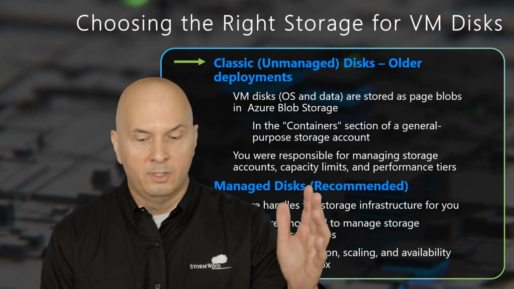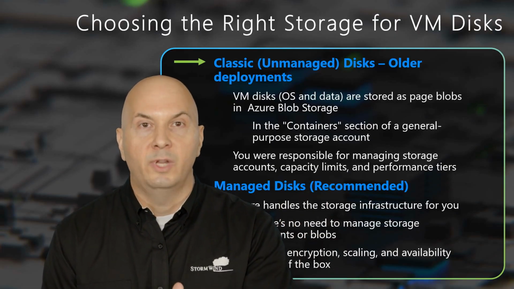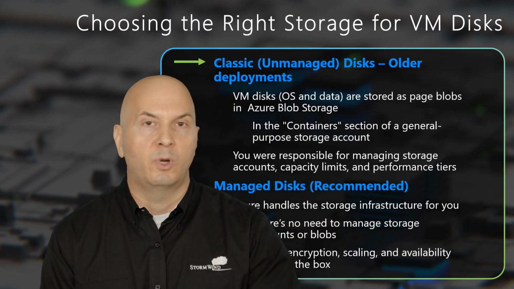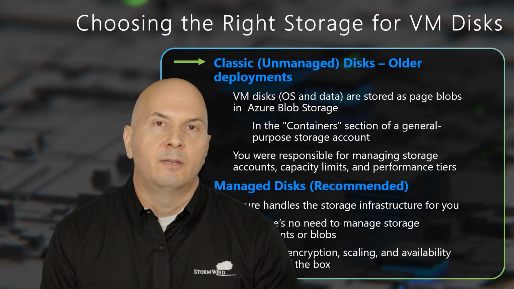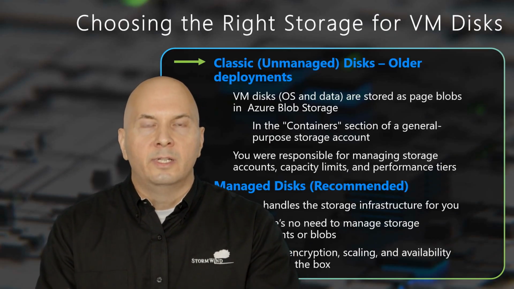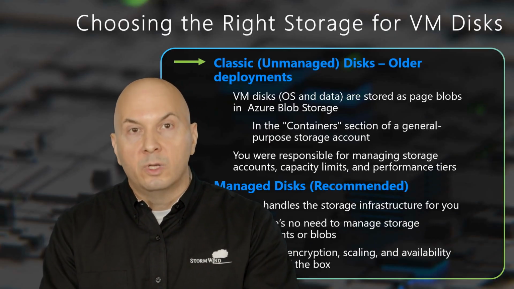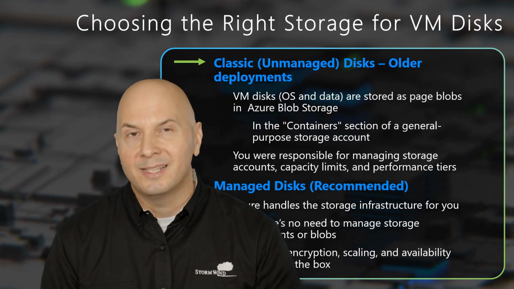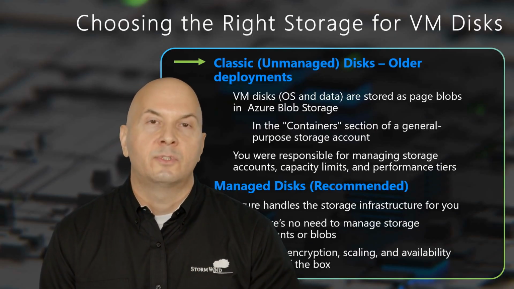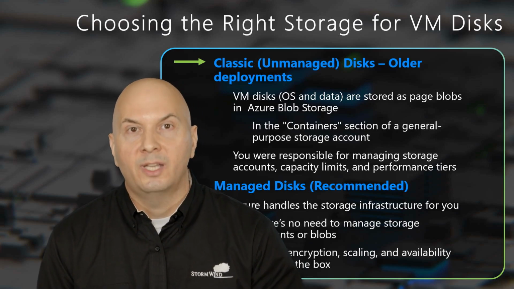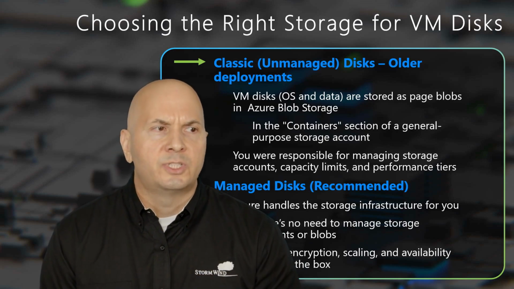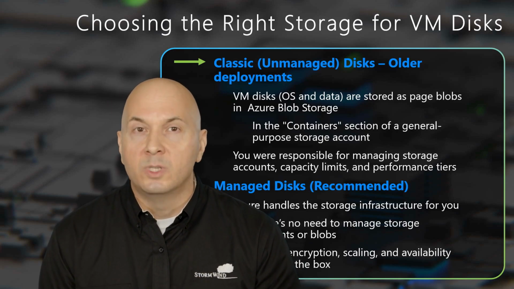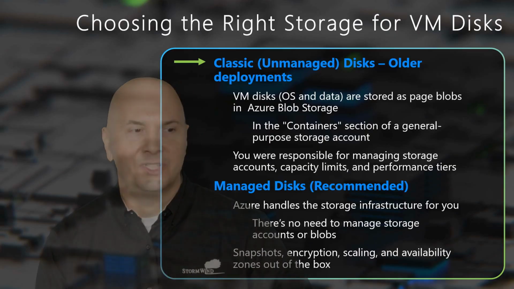Now you're thinking about 20 blobs at least for the OS disk. And then what about secondary disks? And if you start storing the disk for every single virtual machine in one storage account, the storage account becomes a bottleneck because it's only got so much capacity at the storage account level. It's only got so much throughput capability at the storage account level. And so it just got to the point where doing that wasn't scalable or sustainable.